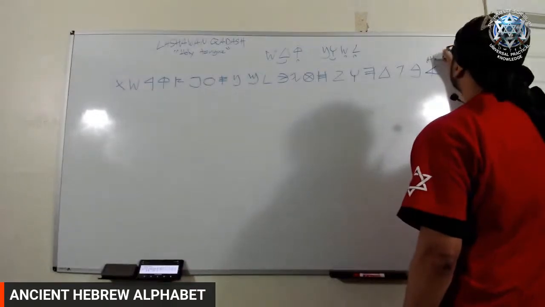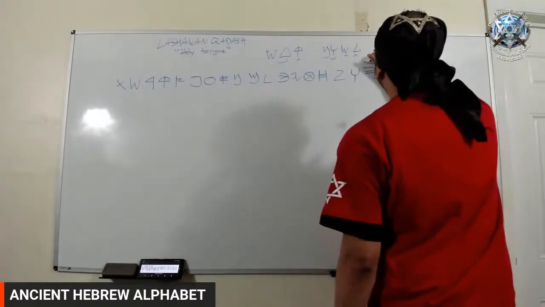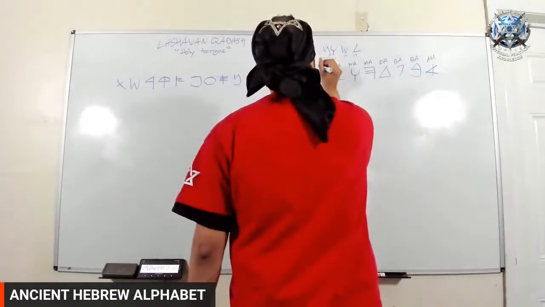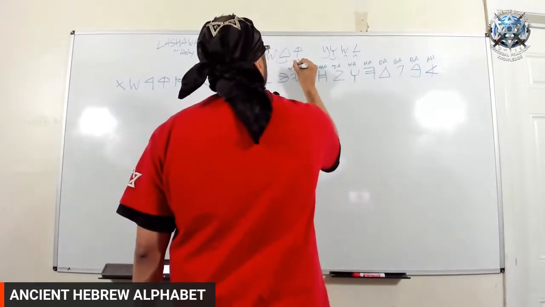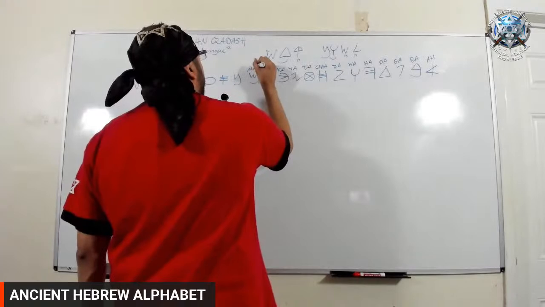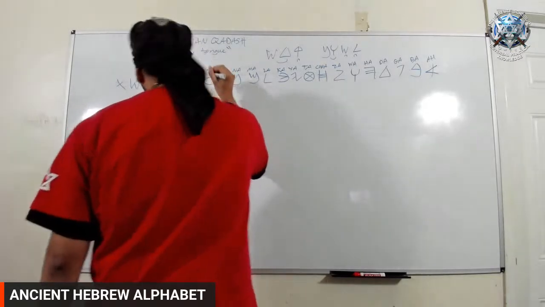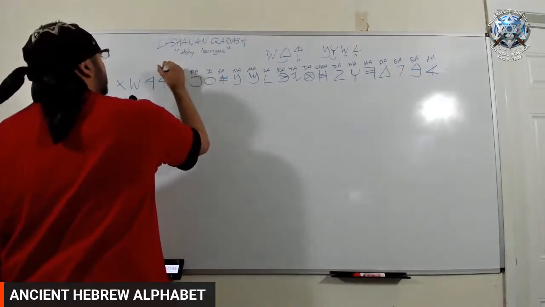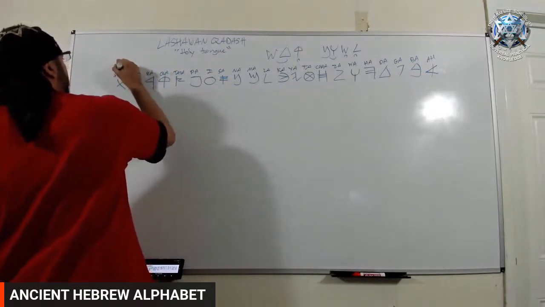Give me 1 second. I'm just going to write the pronunciations. Ta, ya, ka, la, ma, na, sa, I, pa, ta, za, kwa, ra, sha, and then of course, ta.